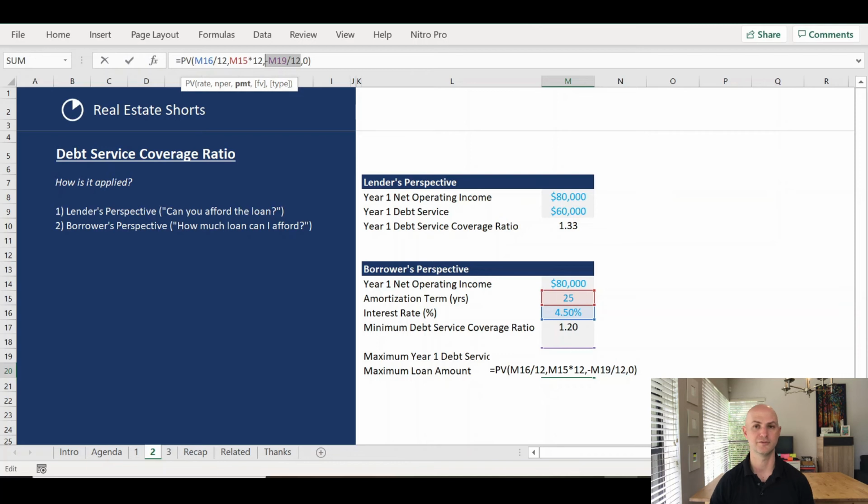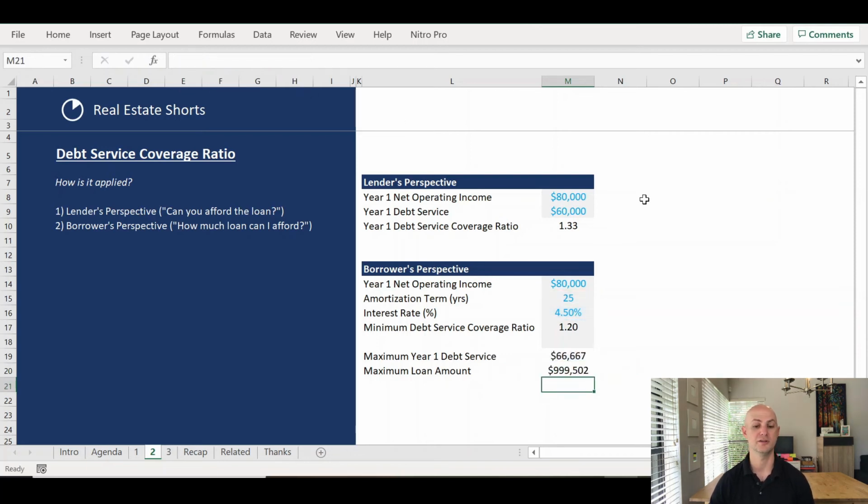And then 0 for the future value, assuming it's an amortizing loan. When we press enter, we'll get the maximum amount we think we can borrow, a hair under $1 million. And so both parties can use their understanding of debt service coverage to help estimate either the total amount of payment a party can afford or the total amount of loan a party can afford.